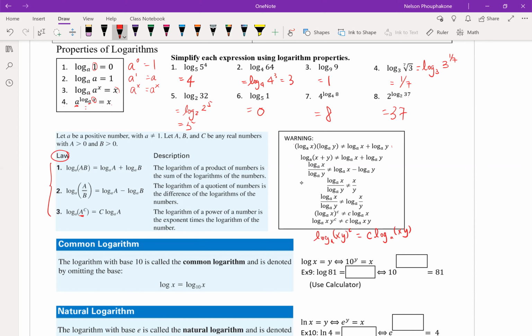Before I move on, I would like to show you why we get the 3 logs. First of all, I'm going to let u equal to log base a of a, and then I'm going to let v equal to log base a of b.